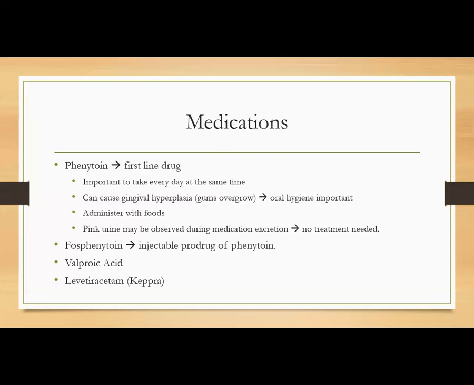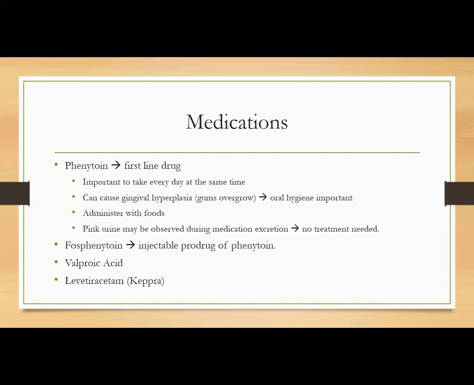It can cause gingival hyperplasia, which is where the gums overgrow. So you want to make sure that they've got good oral hygiene, like flossing their teeth frequently, even massaging the gums, just to keep them regulated. It is administered with food, and pink urine may be observed during the medication excretion, so no treatment is needed for that.